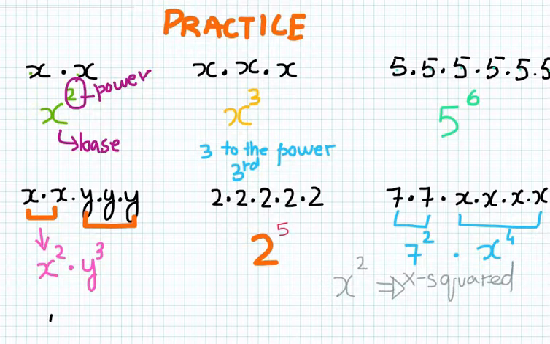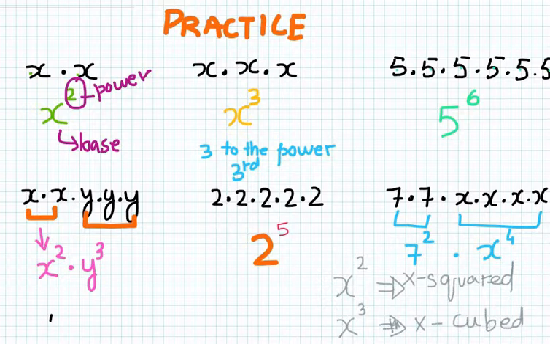This is the most commonly used term for it. And when we have third power, that is known as x cubed. We can also say it x to the power third or x to the power 3, but the most commonly used term is x cubed.